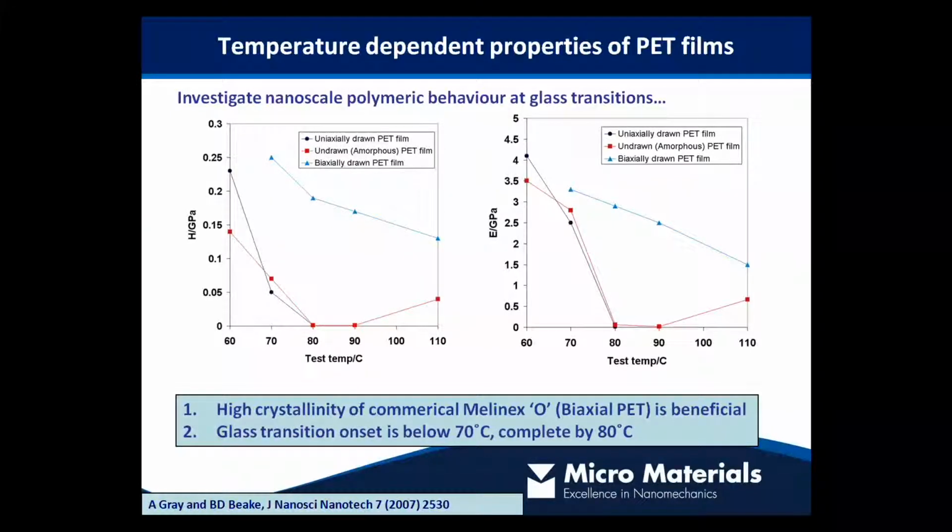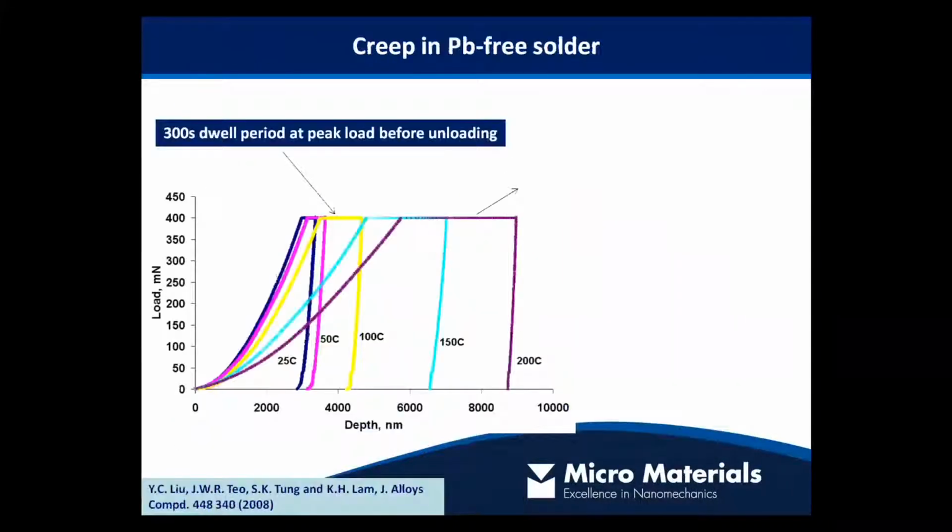As we continue to increase the temperature range beyond, say, 90 degrees Celsius, we actually see that the undrawn material starts to go through a crystallization process and starts to get harder. And that response is shown as well in the modulus results from the same indentation data.